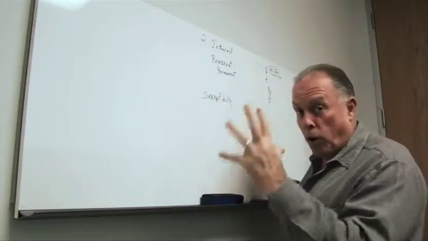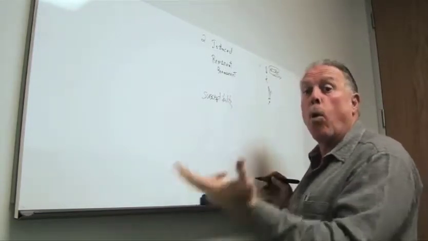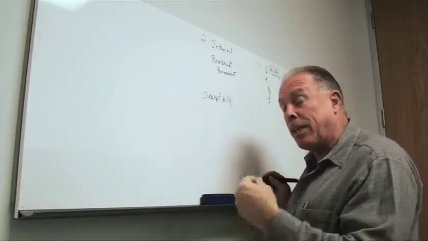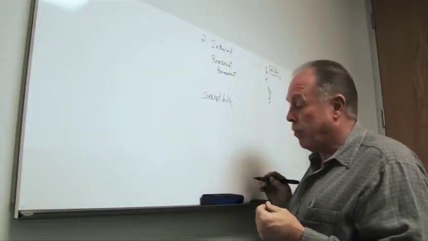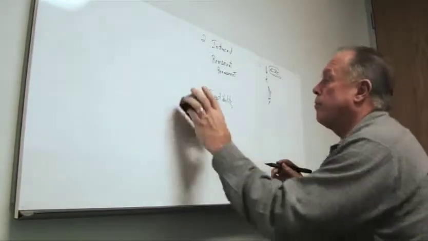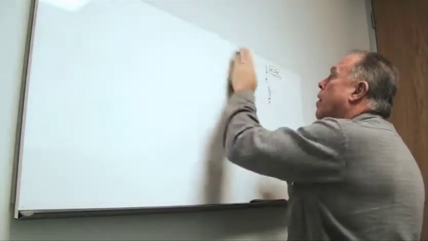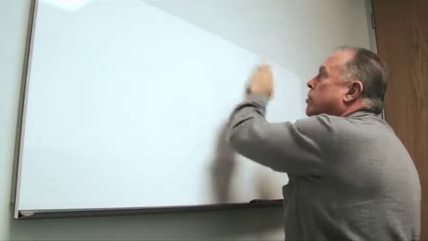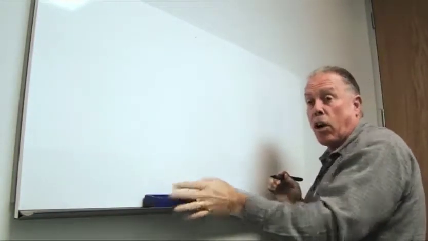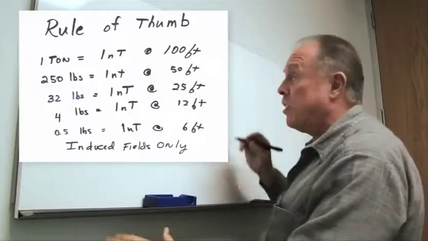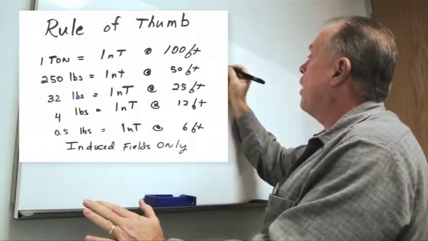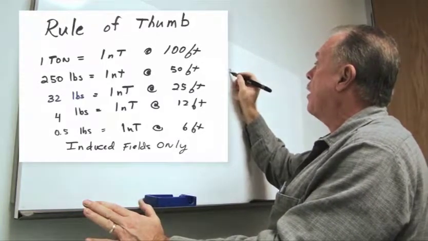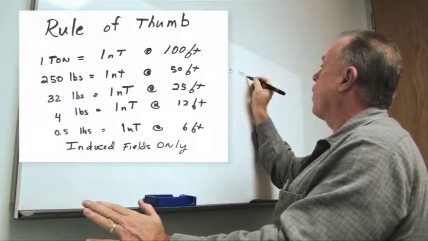Therefore, they distort the Earth's magnetic field more, and we can see them easier with the magnetometer. So the rule of thumb that we use in determining the size of targets and therefore the distance to which we can see them is that 1 ton equals 1 nanotesla at 100 feet.